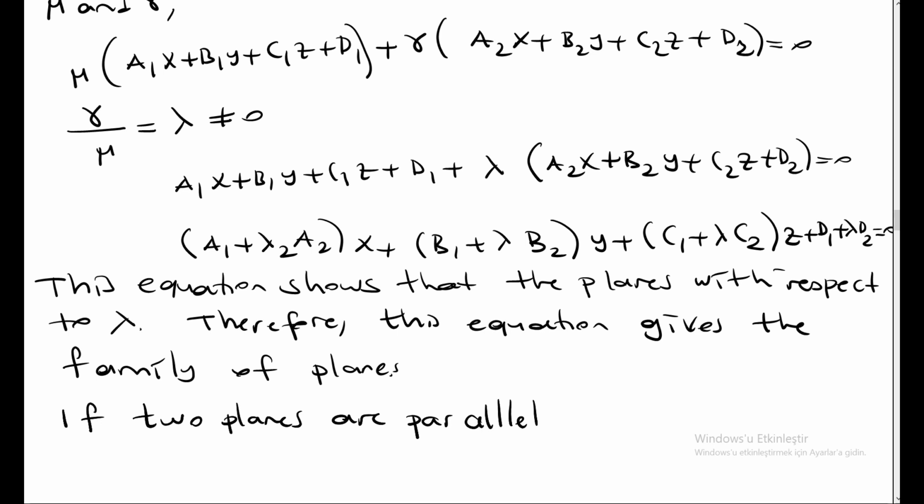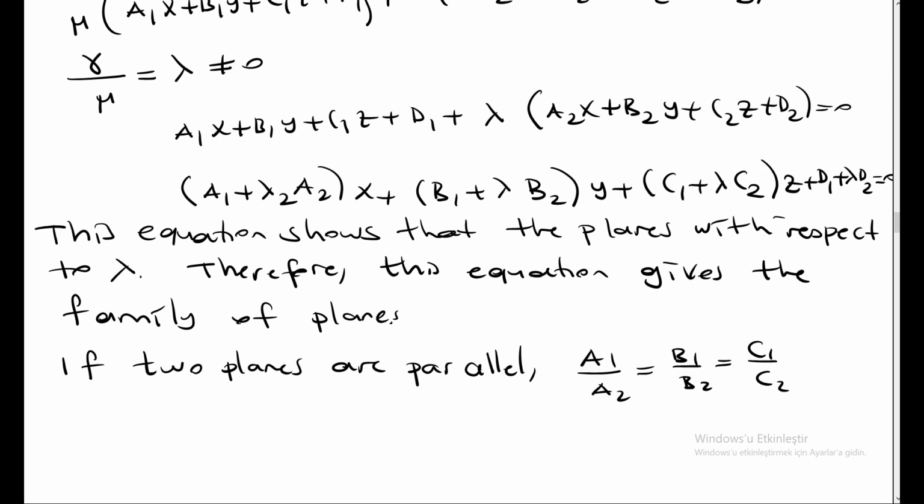It means you have A1 over A2 equals B1 over B2 equals C1 over C2.